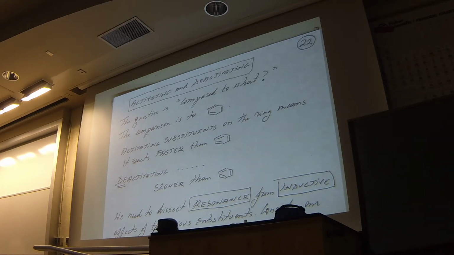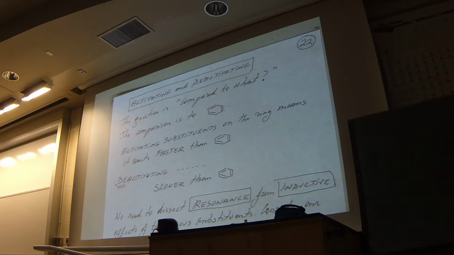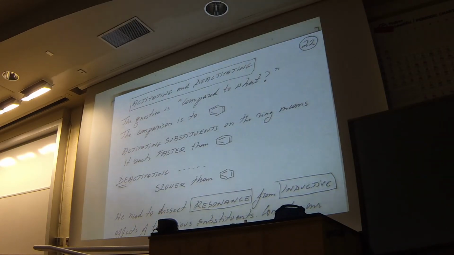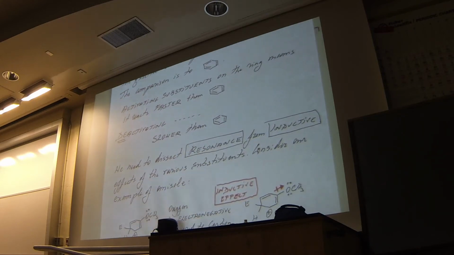Benzene is your point of reference. It means that all electrophilic substitution reactions of methoxybenzene are going to be faster than the corresponding reactions run under identical conditions with benzene itself. Deactivating, same thing.